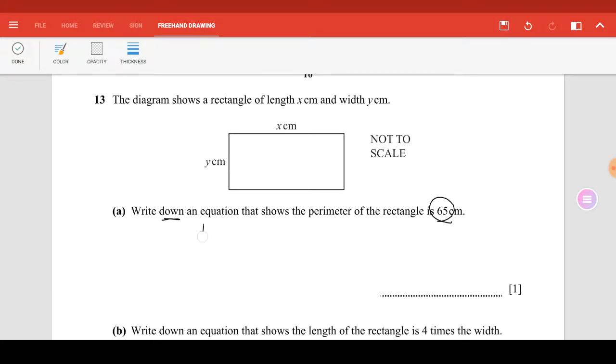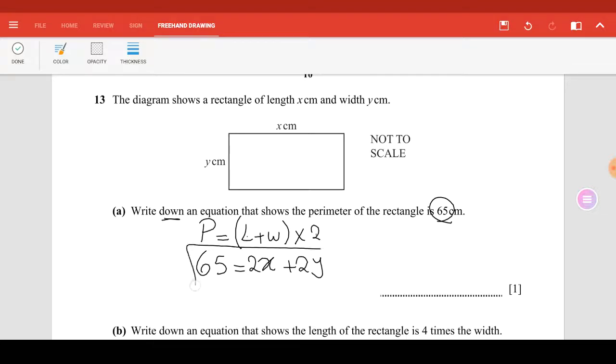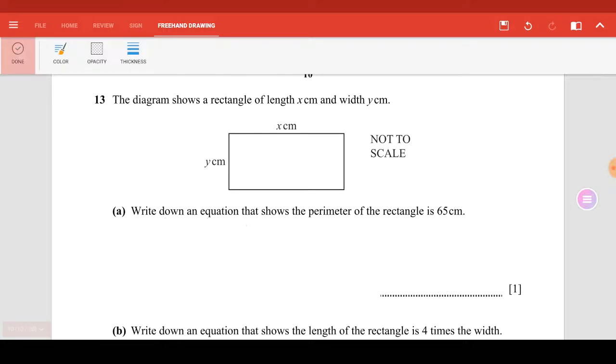So the perimeter is length multiplied by 2 plus width multiplied by 2, and the perimeter here is 65, and the length is x, so 2x plus 2y, because you will multiply them by the bracket, and this is your equation. If you can simplify it, do it. So 2x plus 2y equals 65. This is the first equation.